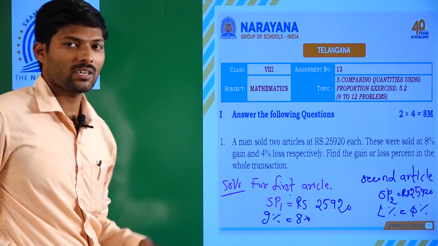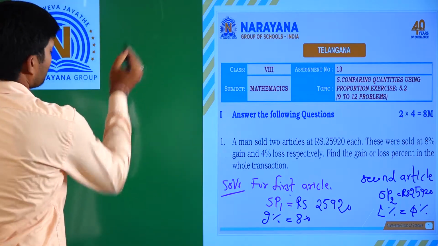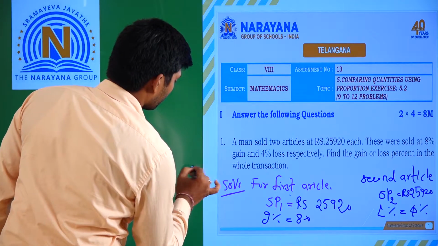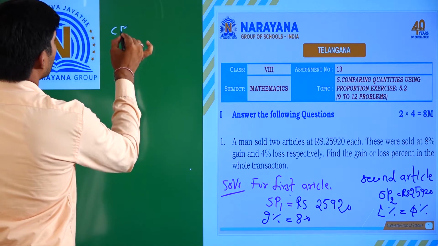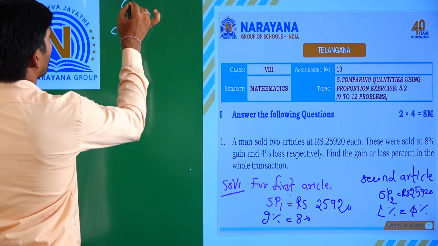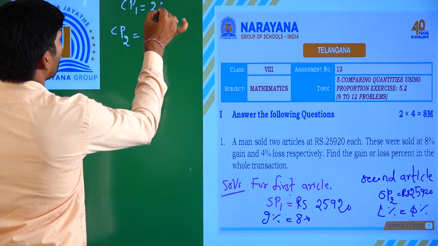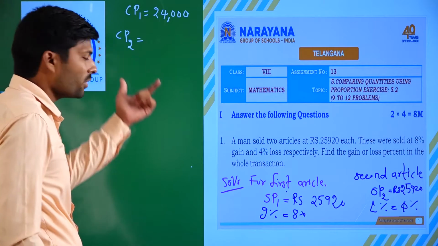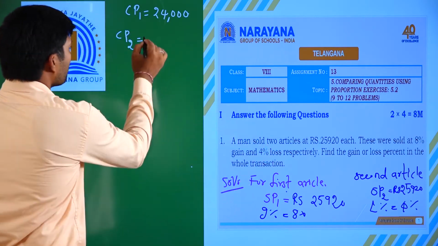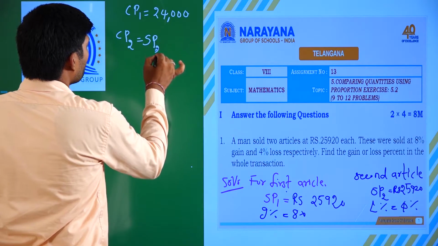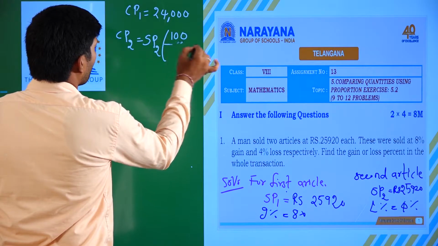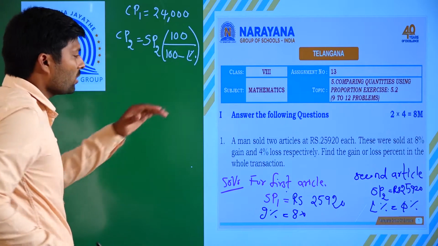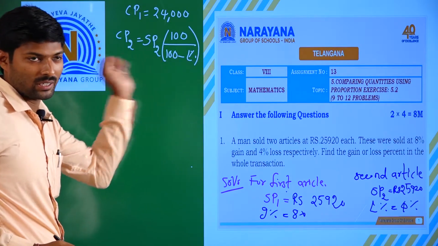So first we need to find the cost price of the second one, that is CP2. As we know, the cost price of the first is 24,000. So write like this, 24,000. Now we need to find the cost price of the second article. What is the relevant formula? SP2 into 100 upon 100 minus loss percentage. So wherever loss is there, we need to subtract from the 100.